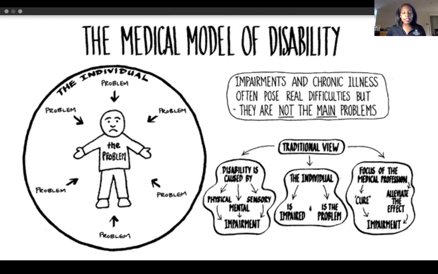And it really says that the individual is broken as a result of the disability, and it is the responsibility of the person themselves, with the help of the medical community, to fix or cure the disability. And that is the only focus of the medical model. And it actually considers and views disability as a problem that should just be alleviated, and there's no emphasis or reference to social responsibility.